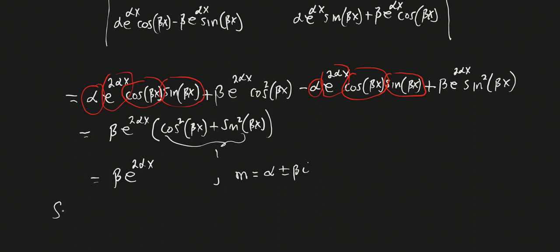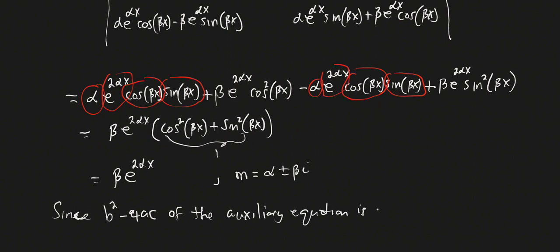So since the discriminant, your b squared minus 4ac of the auxiliary or characteristic equation, is negative, then beta cannot be equal to 0, right? So that condition, having a negative discriminant of your auxiliary equation, forces you to have this imaginary term.